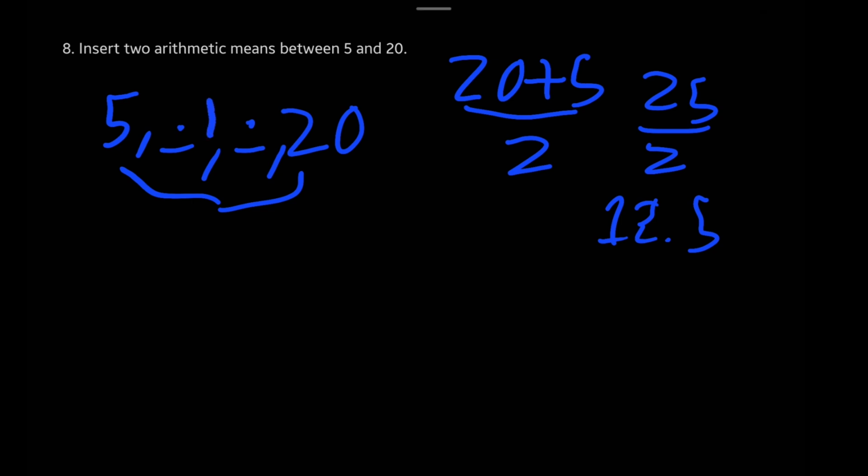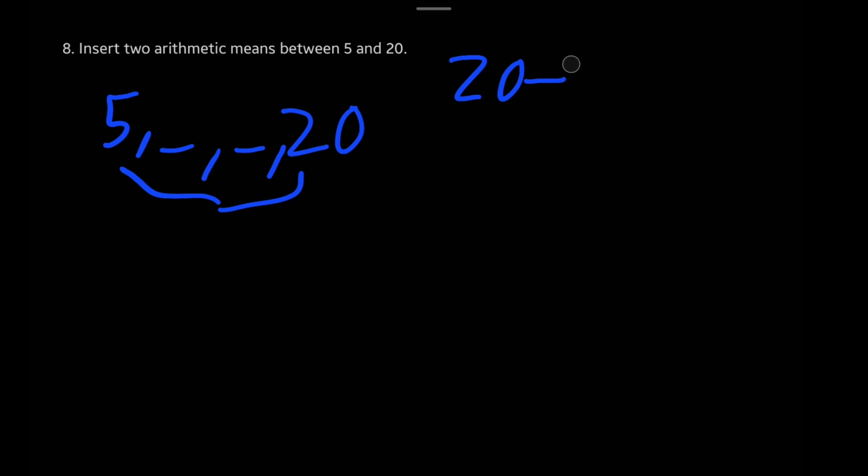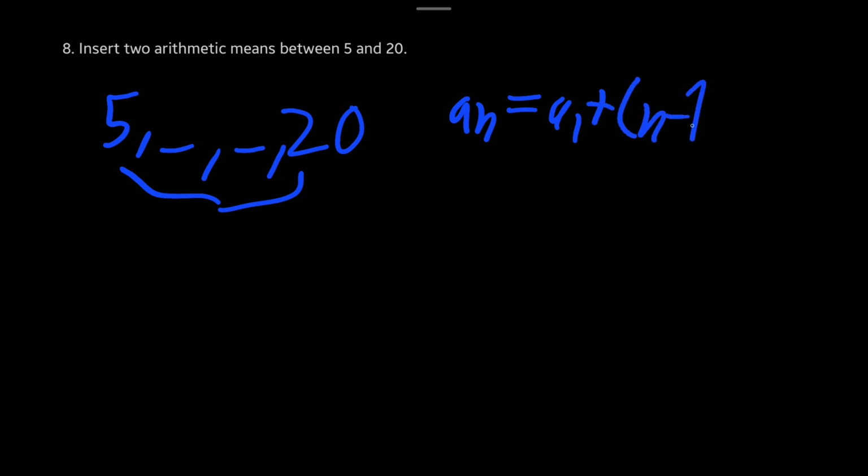So what we need to do is some magical transformation and manipulation, a bunch of linguistic jargon, but we'll just refer back to our lovely equation: a sub n is equal to a sub 1 plus n minus 1 times d.